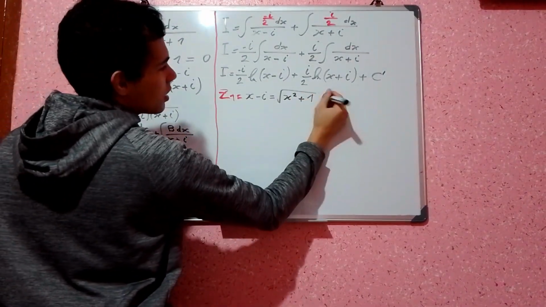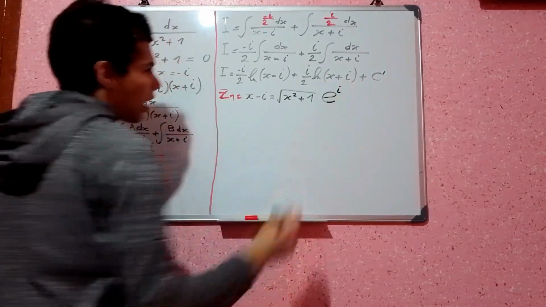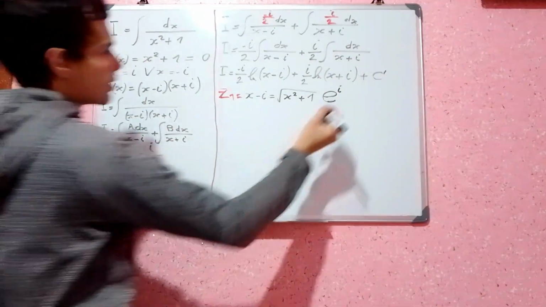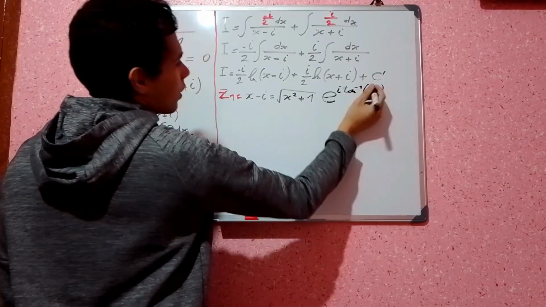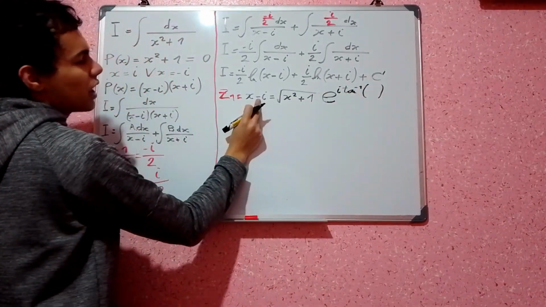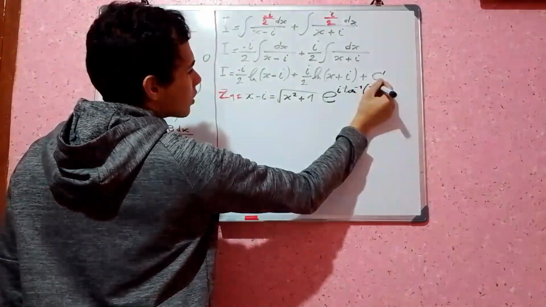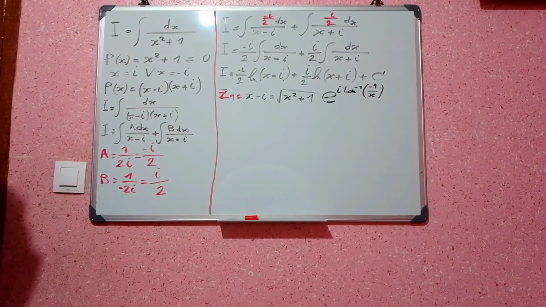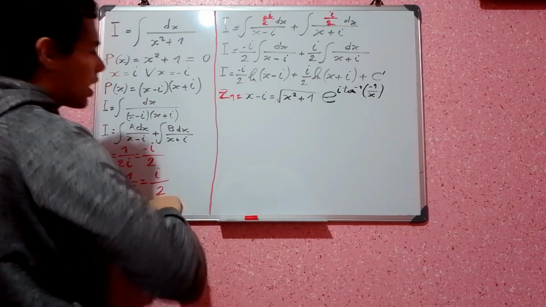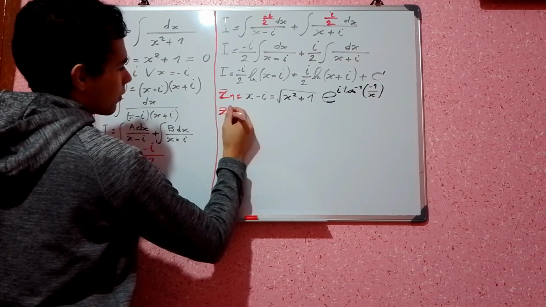Then put the e to the power of i and the angle. The angle is the same as inverse tangent of y over x, which is minus 1 over x.